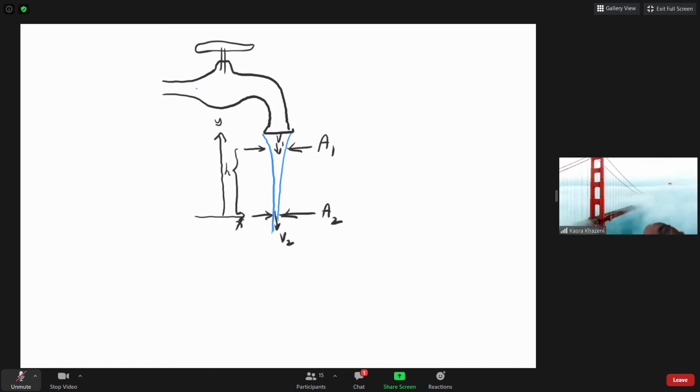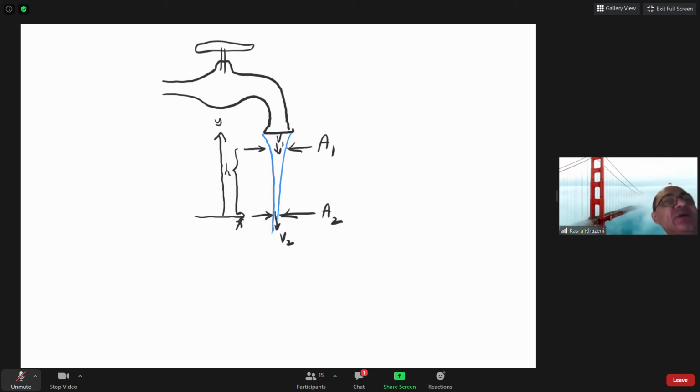Okay, so now we want to find the relationship between the two velocities on the top and at the bottom of this flowing water, which is what we all see every day, probably quite a few times. But there is this interesting physics involved that we never think about, but this is where we learn all that.